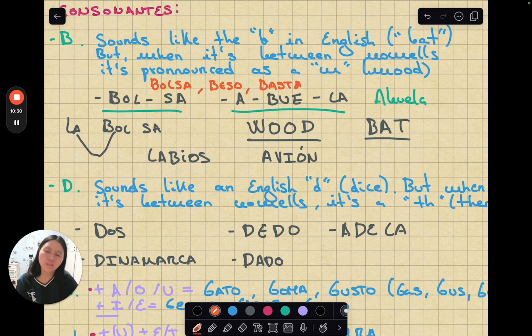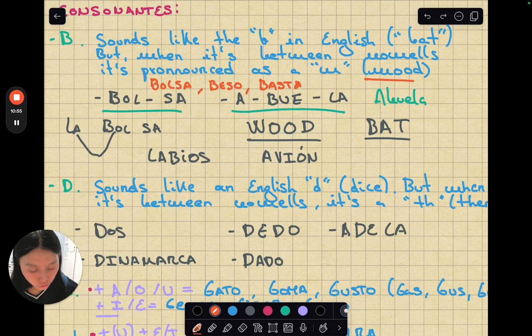But then whenever the B is between vowels, whether it's in a word or within a sentence, the B is going to be softer, okay? The muscles of the mouth are going to relax and they're going to pronounce a W sound. See the difference? When you say bat, and would.